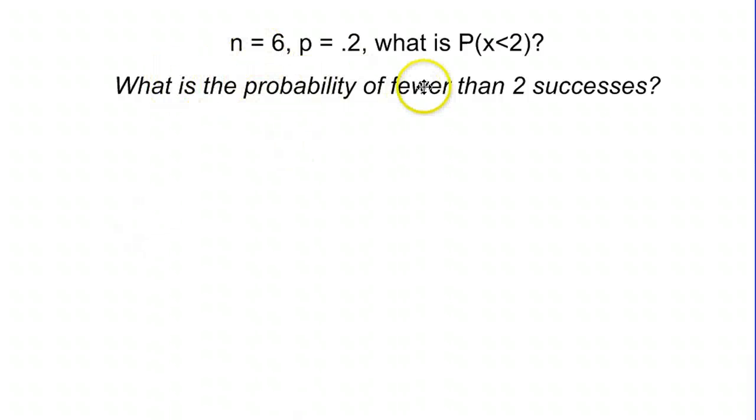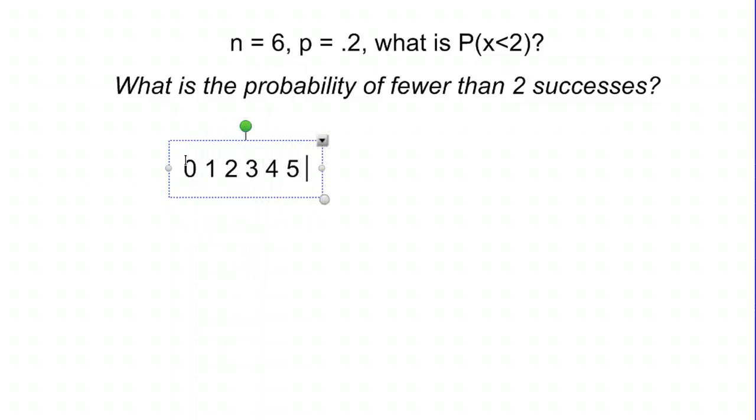We're going to practice a few more like that. Same situation, it says the probability that x is less than 2, the probability of fewer than 2 successes. Same idea, I'm going to get in the habit of always making that list of numbers. And just to show you a little shorthand, the numbers that I really want are always the numbers around my x is less than, x is greater than value. In this case, x is less than 2. So I do 0, 1, 2, 3, and then I throw some ellipses in there because it doesn't really matter until I get to my end.